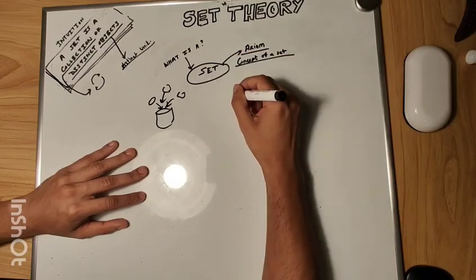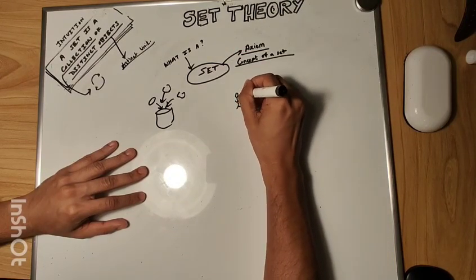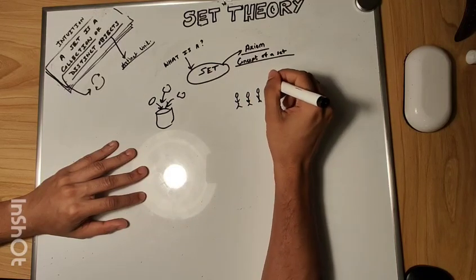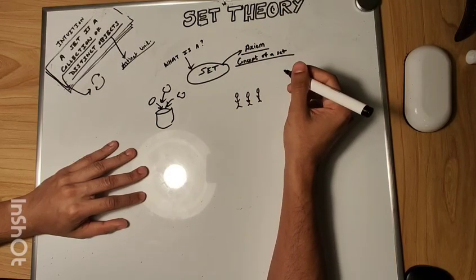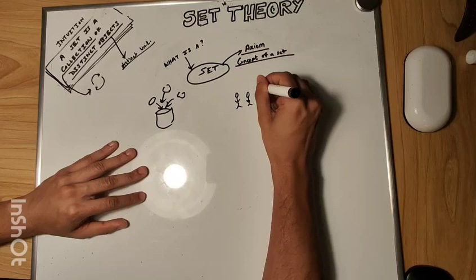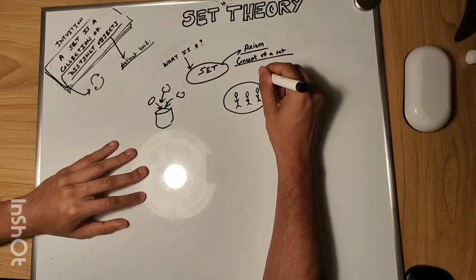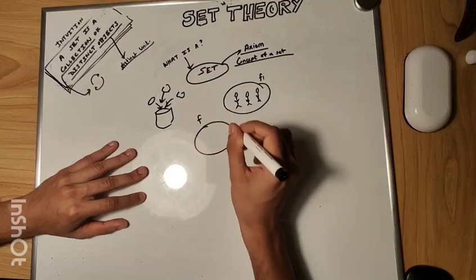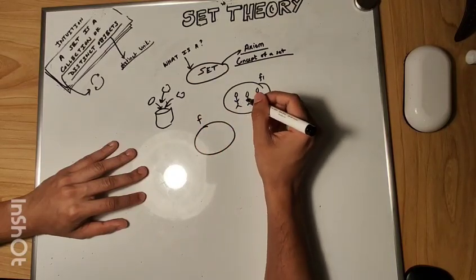For example, if you have a group of people and let's say they belong to the same family, and we are going to research a set of families. So this is the set F of families.